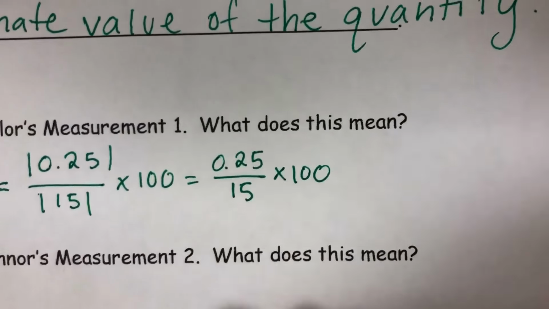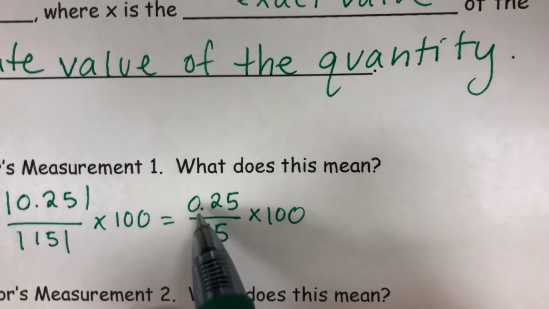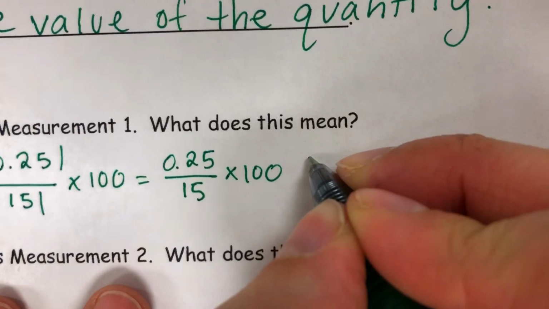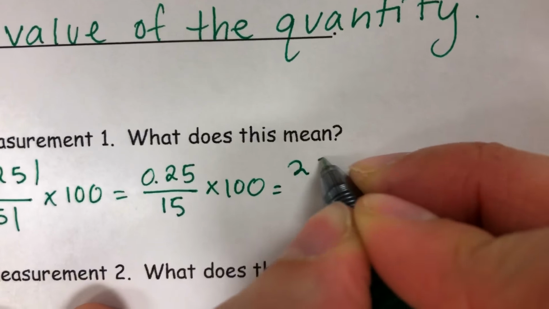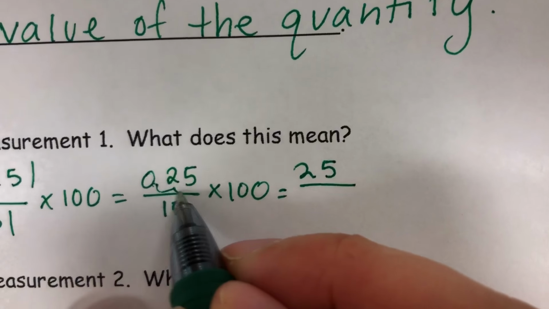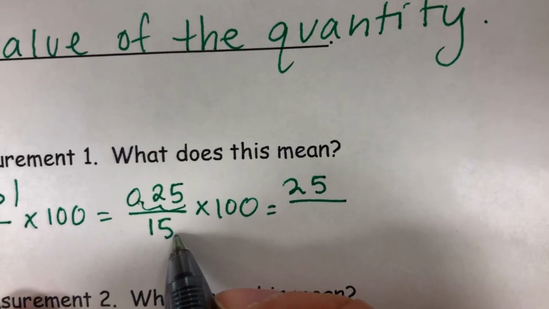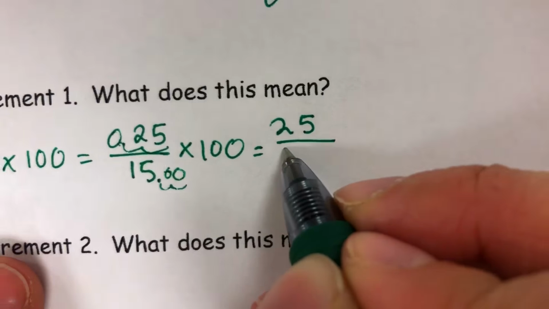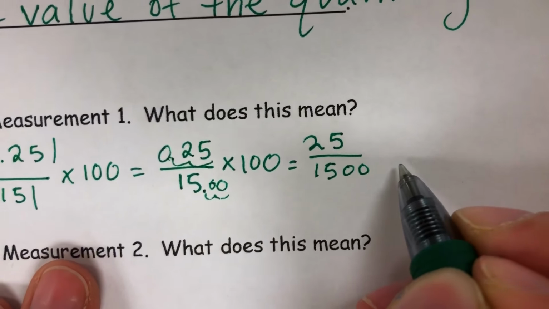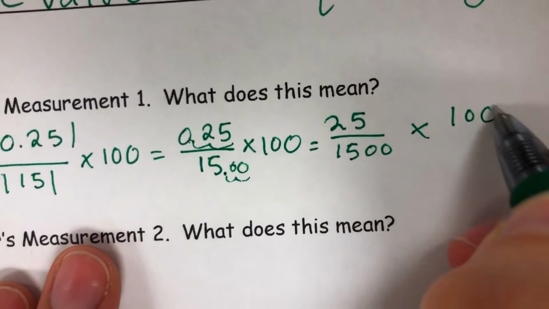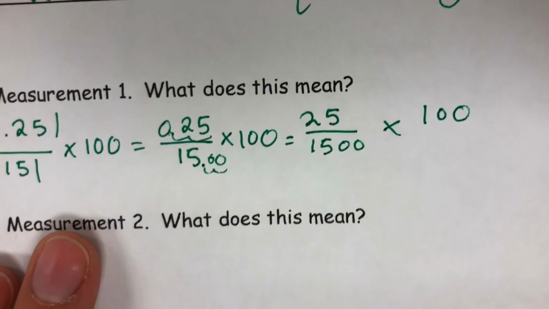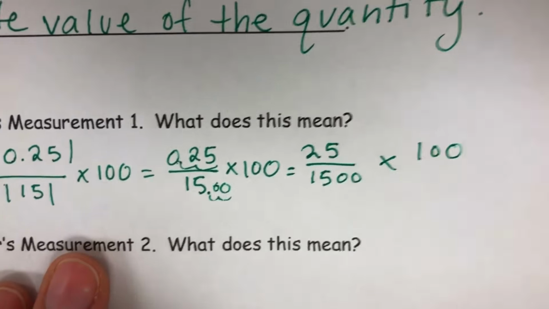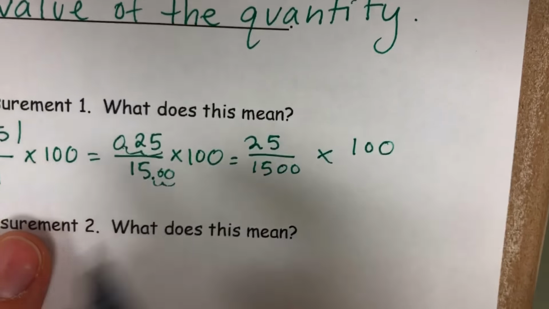All right, I like to do a little bit of the math in my head. If I take this decimal point and move it over 2, so it becomes 25, then I have to move my decimal place in the denominator over 2. So this becomes 1,500 times 100. You also would be more than welcome to put 0.25 divided by 15 times 100 into your calculator.